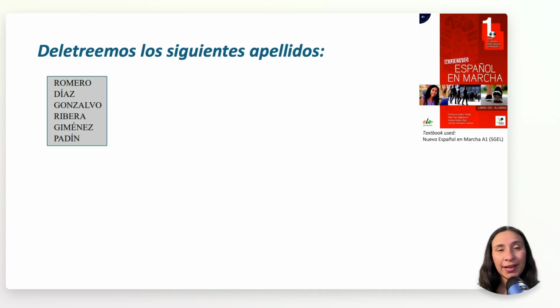G, I, M, E, N, E, Z. An accent mark in the first E. Una tilde en la E.